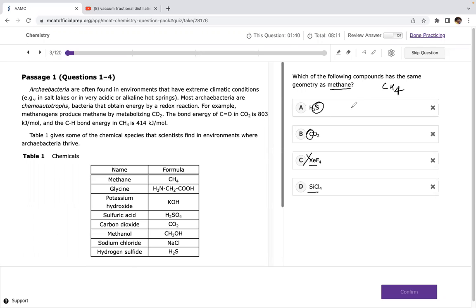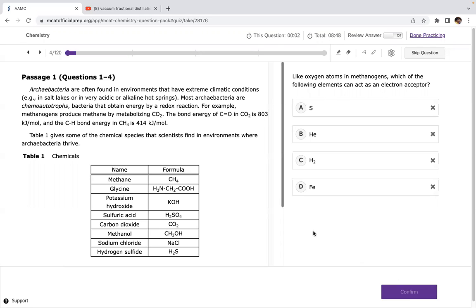Carbon you can think, because carbon is the same, but here oxygen and here hydrogen 4. So the surrounding atoms are different. CO2 just has this connection. Okay. So we have to find 4 single bonds, and SiCl4 has 4 single bonds in this way. So we can say it has the same geometry, which should be tetrahedral. So the answer should be SiCl4.